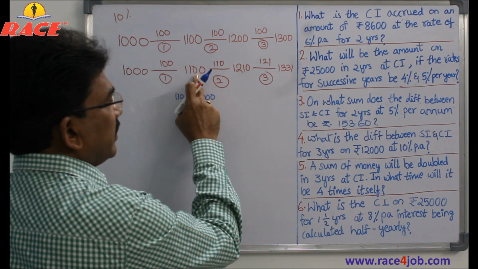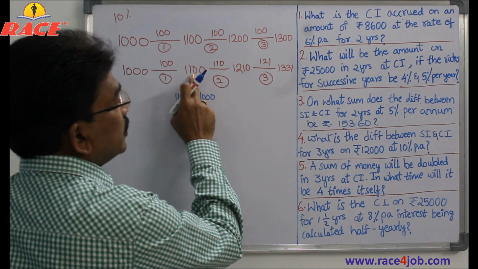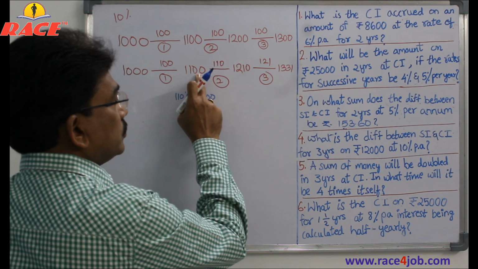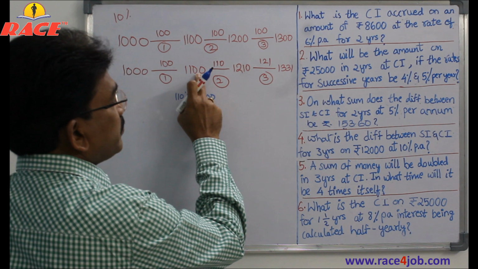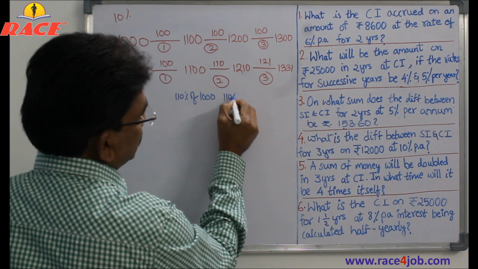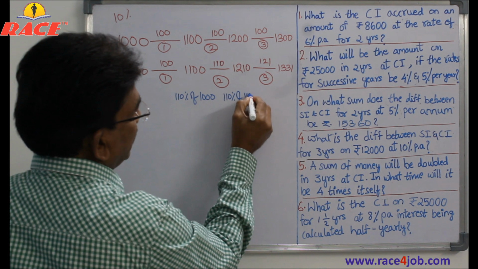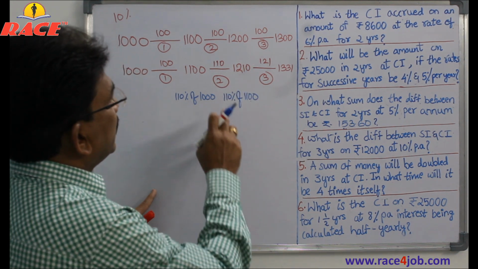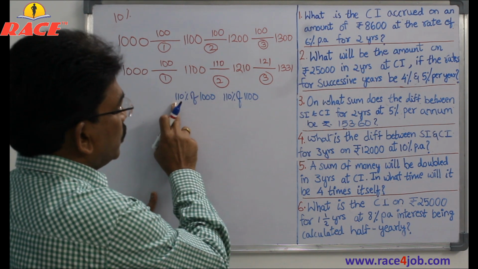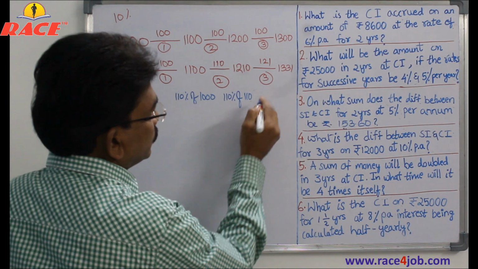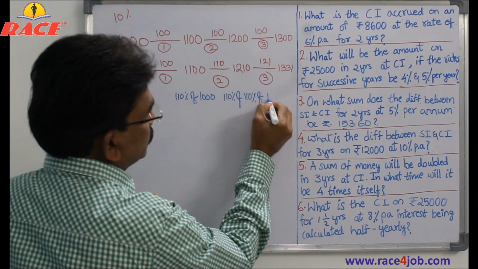So 110% of 1100 is 1210. That is 100% plus 10% of 1100 also. But we know 1100 is nothing but 110% of 1000. So this 1100 I write as 110% of 1000.